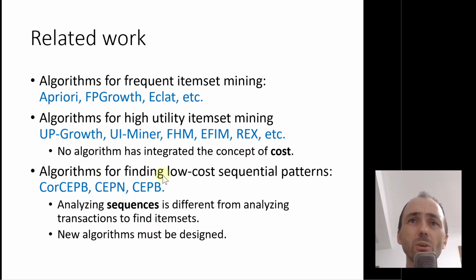For the sequential patterns, to find the patterns in the sequences, we did a work before where we used the cost and the utility. But still, analyzing the sequences is different from analyzing the transactions to find the item sets. So we cannot just reuse the same algorithm. So in this paper, we designed some new algorithms.